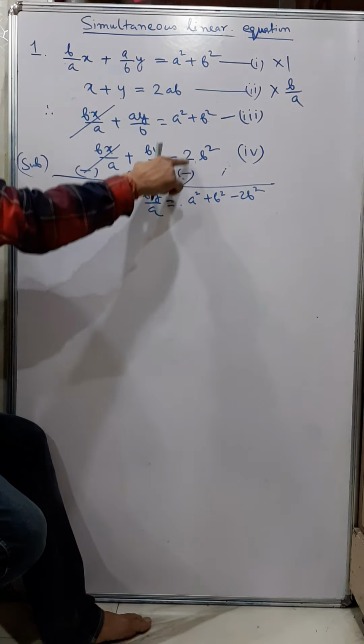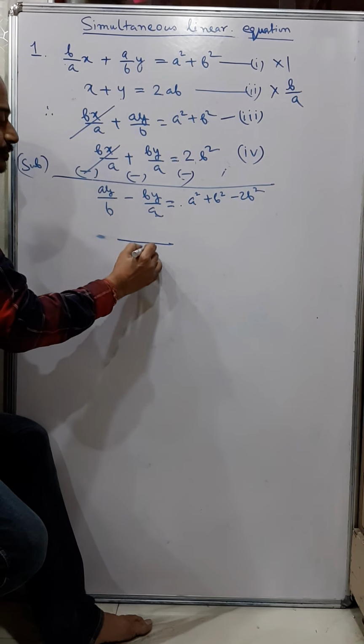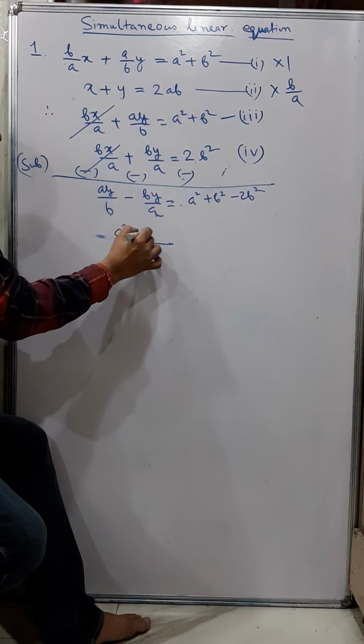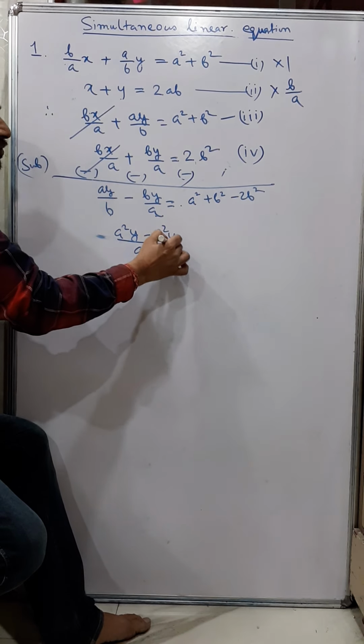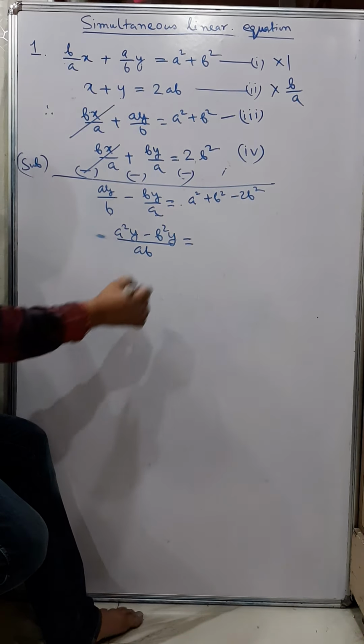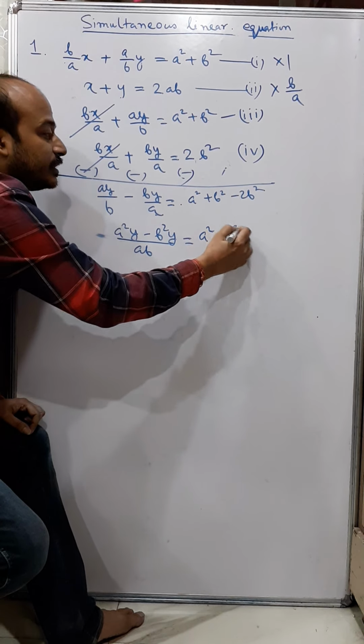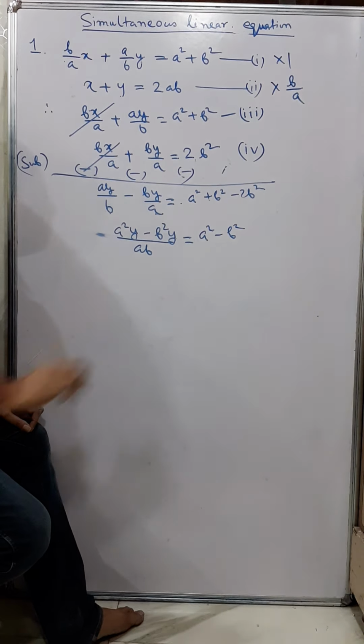So finally, now I can take ab LCM here. I get here a square y minus b square y, and here you get a square minus b square plus b square minus 2b square.